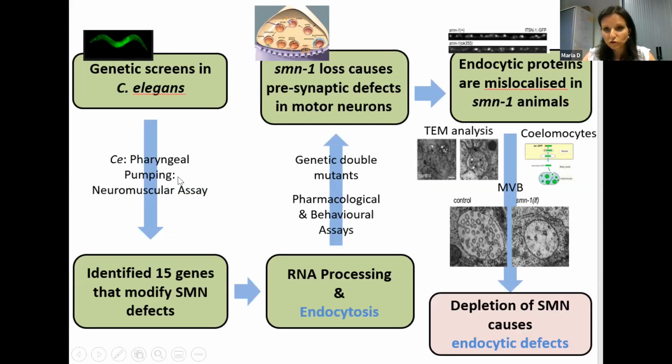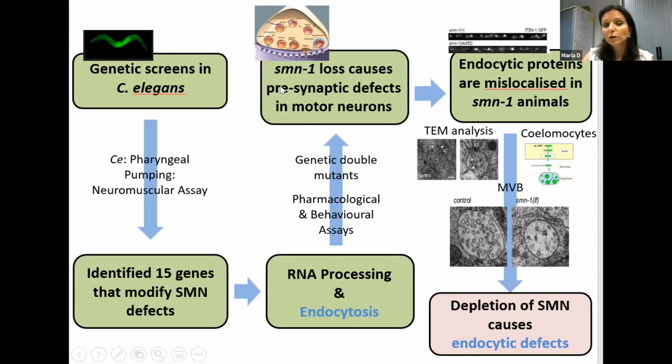What I would like to stress here is we started genetic screens that were completely unbiased in C. elegans and in the Drosophila fly model. We identified 50 genes that were modifying both phenotypes, both in the worm and in the fly. These genes were pinpointing us to 2 pathways, and endocytosis was a pathway that was not previously implicated in SMA pathogenesis. That's why I wanted to move forward with this.